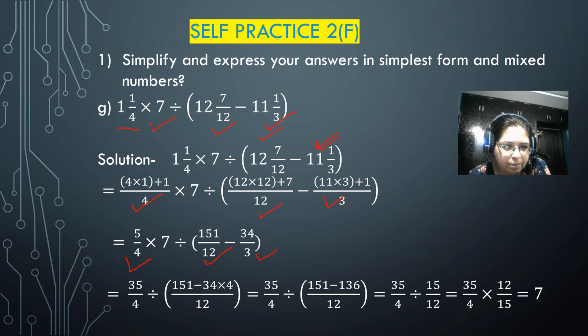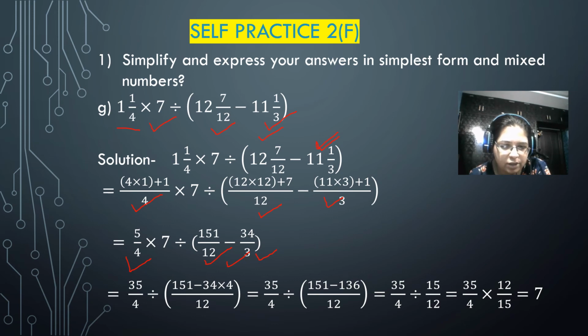Now we get 5/4 multiplied with 7, division of 151/12 minus 34/3, and 151/12 minus 34/3 is inside the bracket. First we subtract this fraction inside the bracket. First we take the LCM of this denominator 12 and 3.